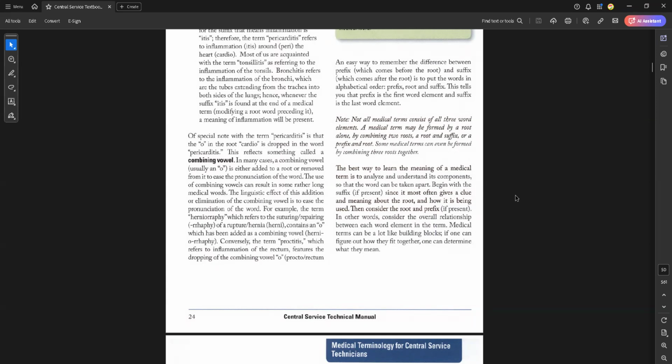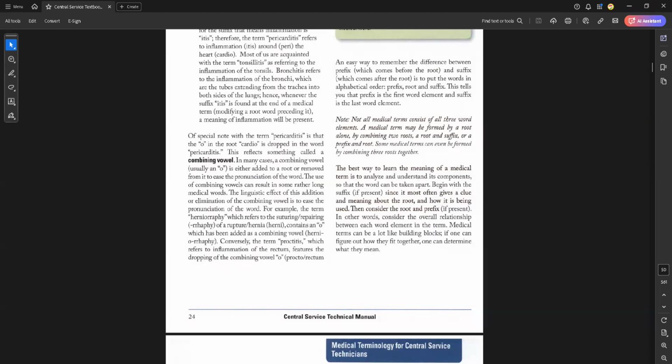Normally, if you remember your vowels in English, there are 5: A, E, I, O, and U, correct. These are the 5 vowels in English. And normally when a word begins with one, we say an orange, an elephant.